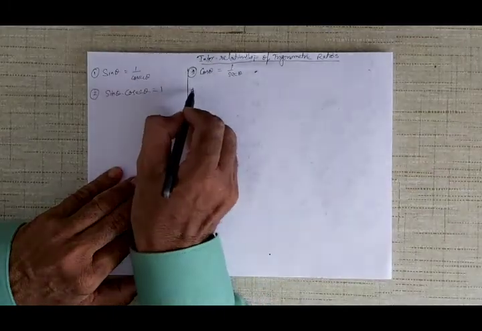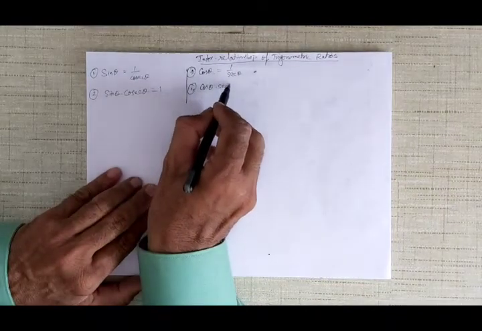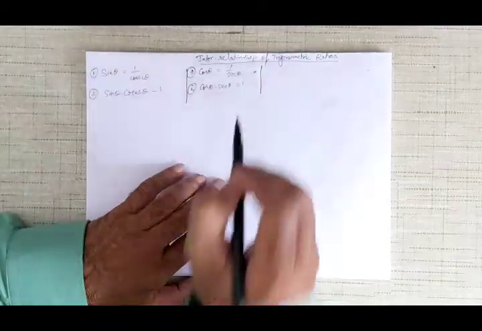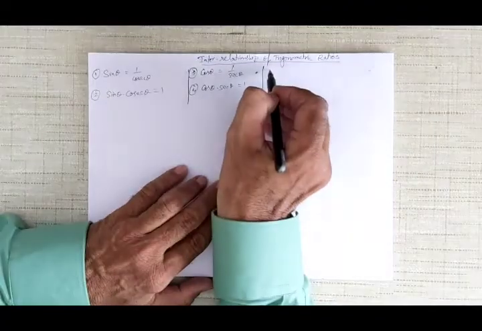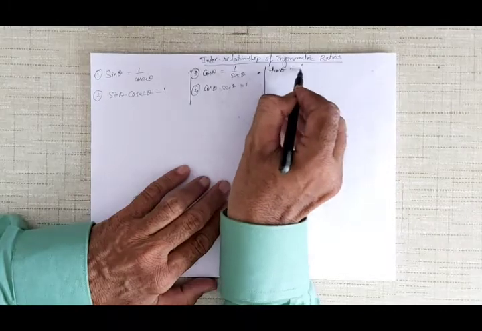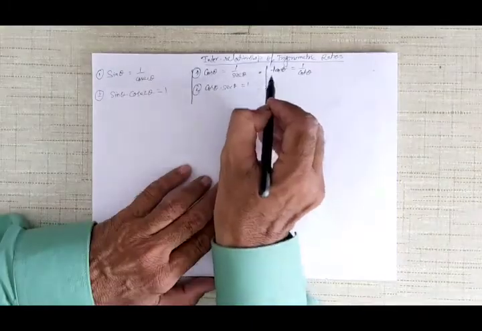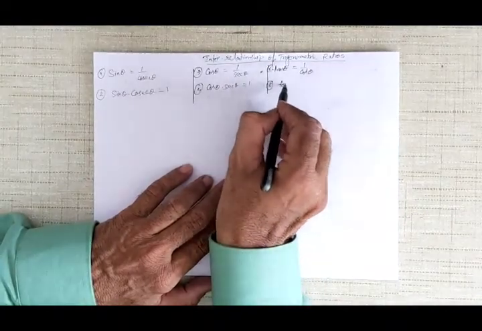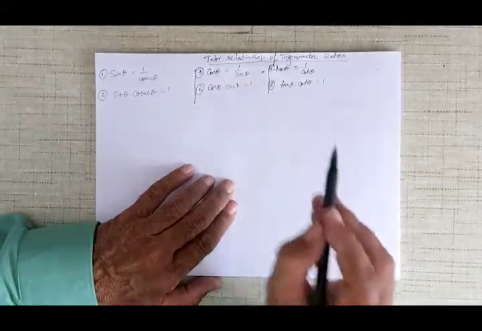So therefore, you can say that cos theta into sec theta is equal to 1. Then let us take cot theta and tan theta. Tan theta is equal to the reciprocal of cot theta. So therefore, number 6, tan theta into cot theta is equal to 1.